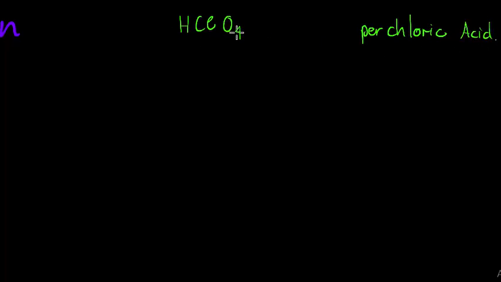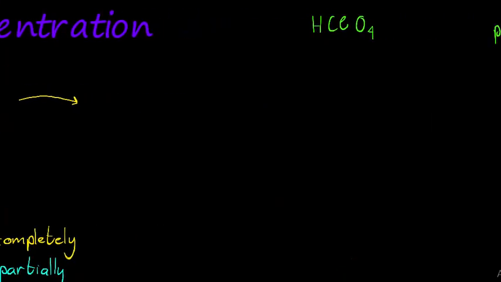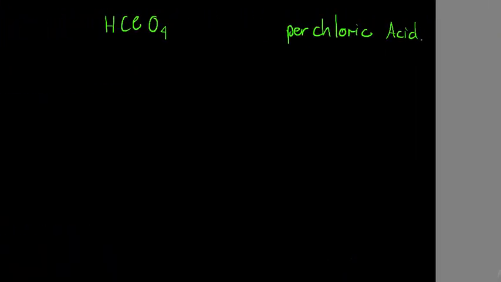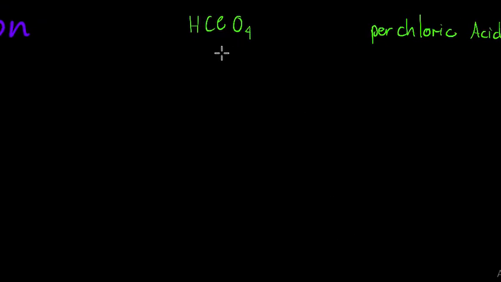That would be the strongest one. Then we would go to our hydrogen halides, they would be next up. We saw the strongest one was the one with the largest atomic radius. Then we had hydrobromic acid, and then hydrochloric acid. These would be the strongest ones.